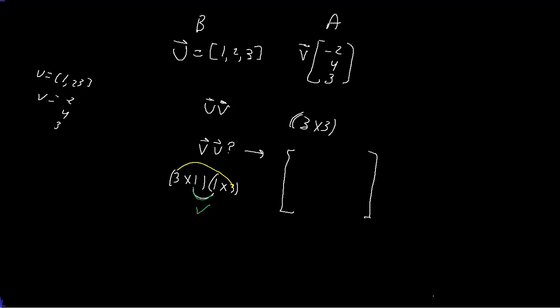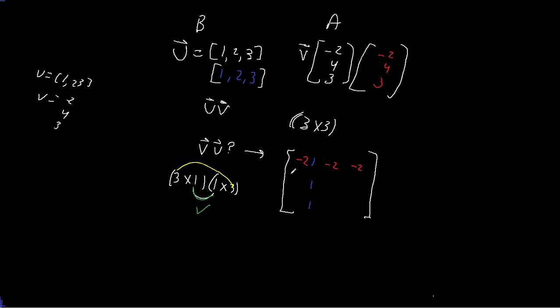Let's redo this as negative 2, 4, and 3, just because I like to keep things clean here, and 1, 2, 3. The first row of the output is the first row of A, which is negative 2, times the first column of B, which is 1. Going down, this is 1 and 1. Going across, this is negative 2, negative 2, negative 2.